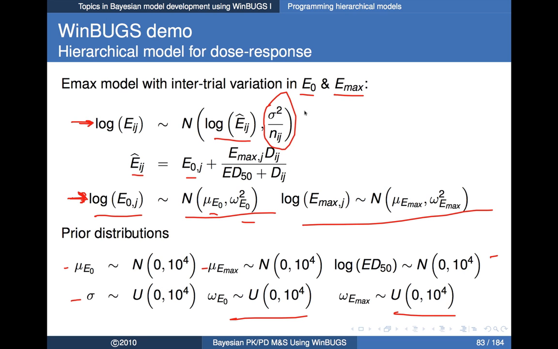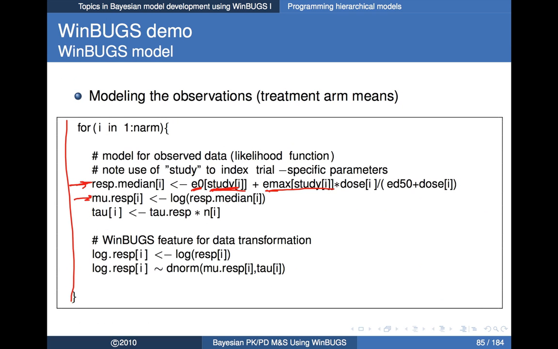In other words, it's going to be n over sigma squared that we're going to be putting in there. The way I've parameterized this, this tau dot RESP would be our 1 over sigma squared. So I multiply that by n, and the result is equivalent to n over sigma squared, to get the appropriate tau for this particular treatment arm.